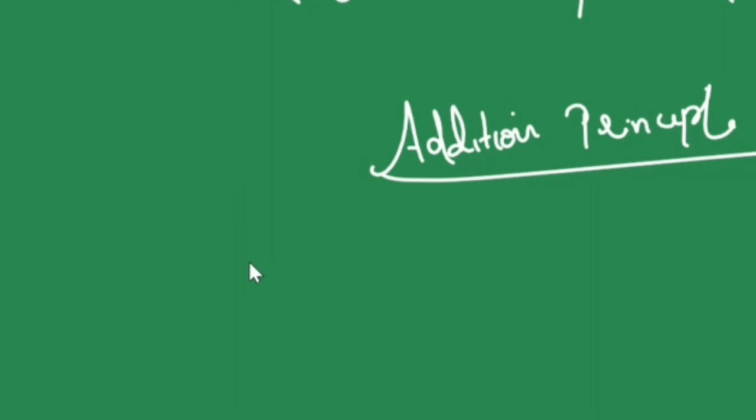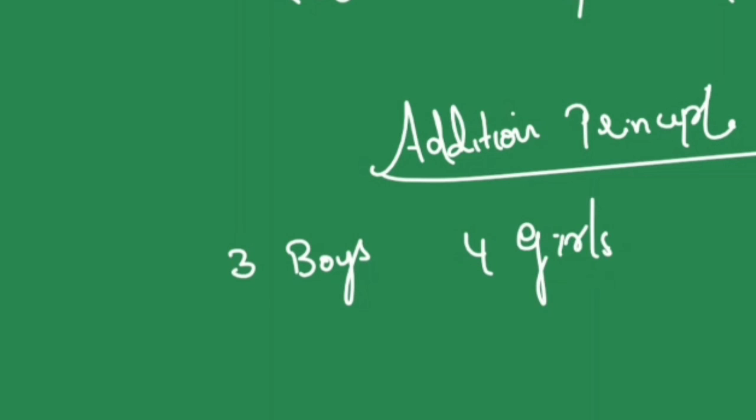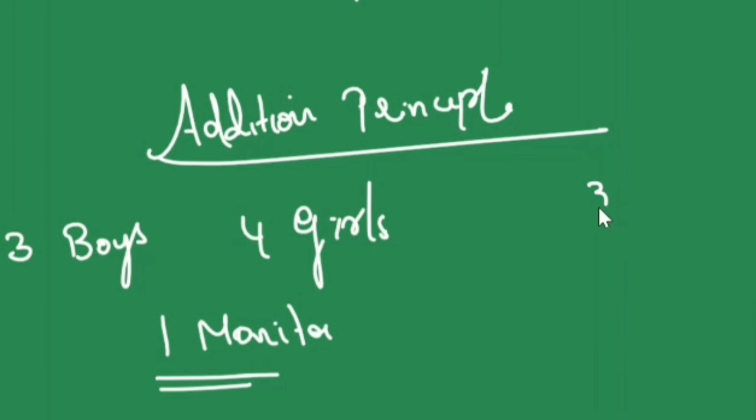Now we will come to the addition principle. If there are 3 boys and 4 girls in the class, and we want to choose one monitor, how many choices are there? There are 3 boys, or you can choose from the girls.